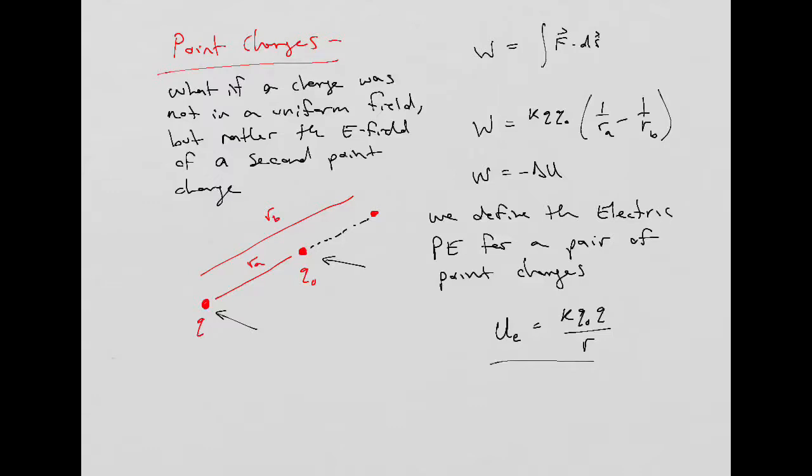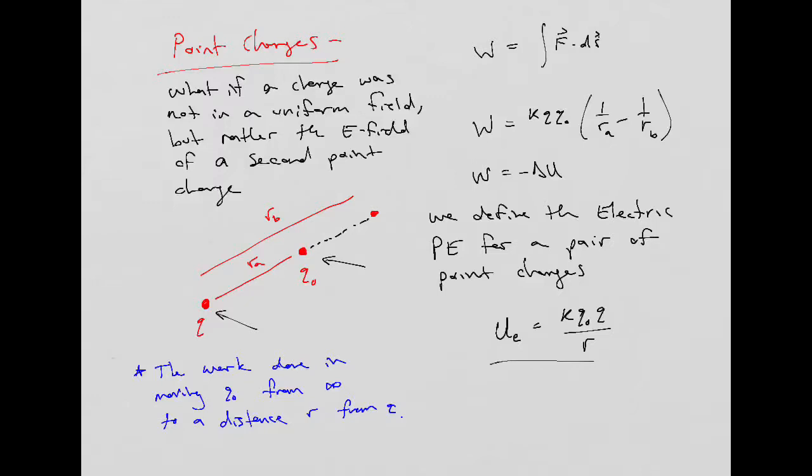Okay. We also said that there was another way of interpreting this potential energy. We said that you might see it referred to as the work done in moving Q naught from infinitely far away to a distance r from Q. So they both mean the same thing.